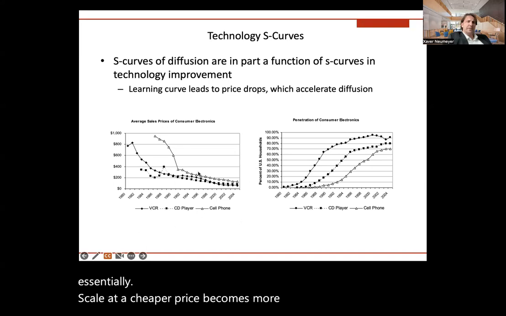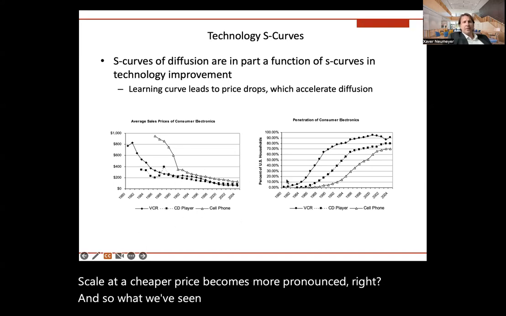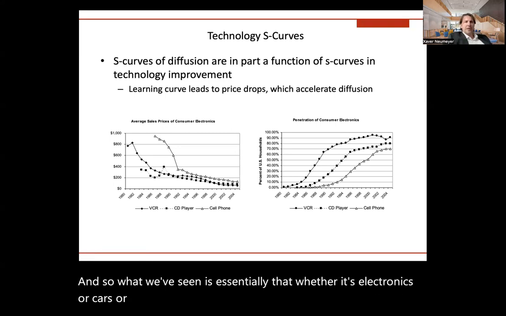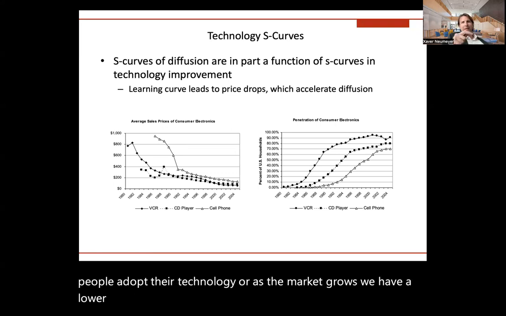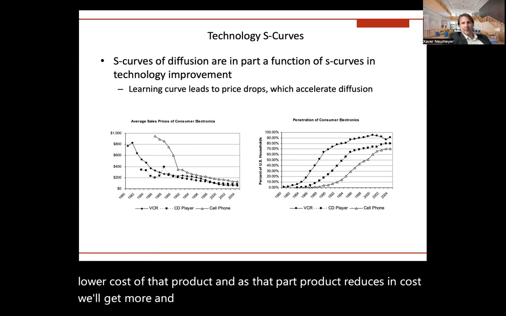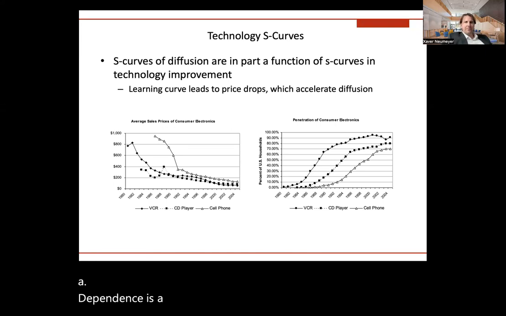So what we've seen is that whether it's electronics or cars or other mass-produced items, as time goes by, as more people adopt that technology or as the market grows, we have a lower cost of that product. And as that product reduces in cost, we get more and more people adopting it, right? So there's a dependence, a causal mechanism involved in this.